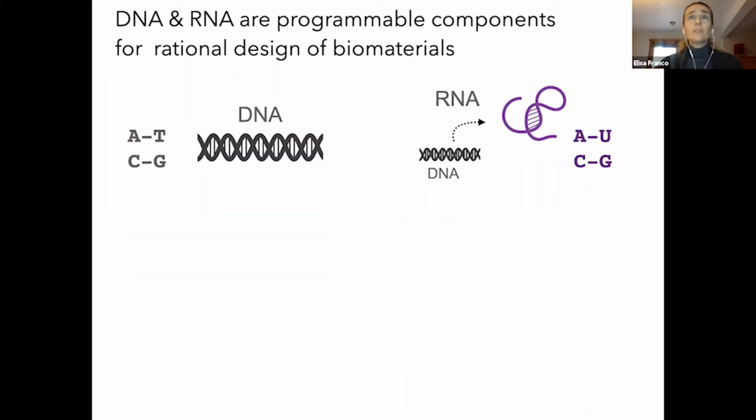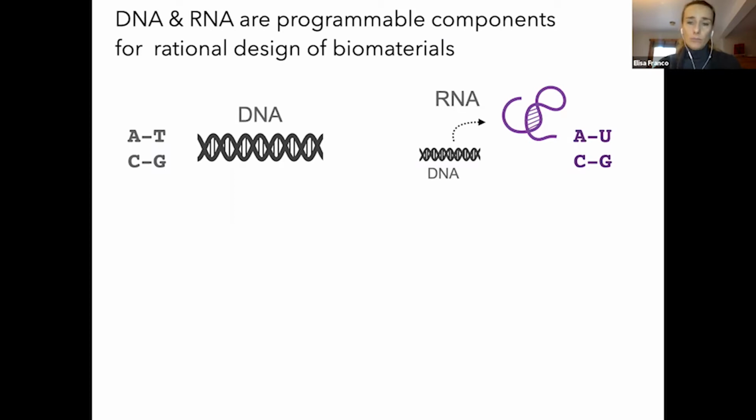Well, the intrinsic advantage is that you can do rational design of their interactions, which I hinted at when I was mentioning the nanostructures self-assembly. So we all know that DNA is in a double helical form typically, but when you buy DNA, you buy it in a single-stranded form, so you buy a backbone with a bunch of bases.